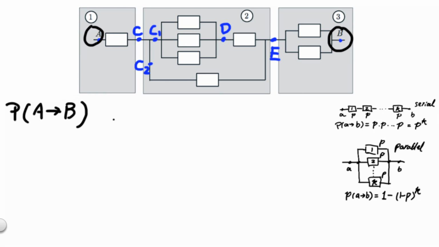Now let's go back to the original problem of calculating the probability of having a good path from point big A to point big B in this diagram.